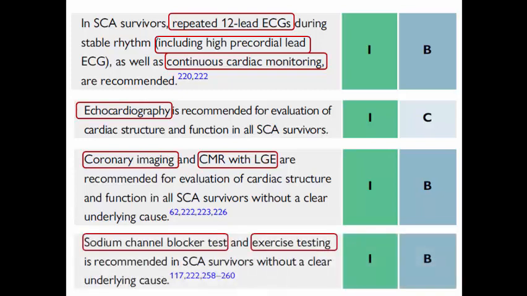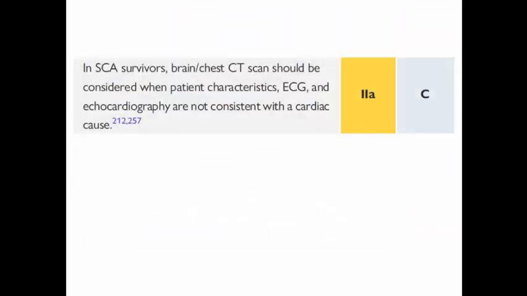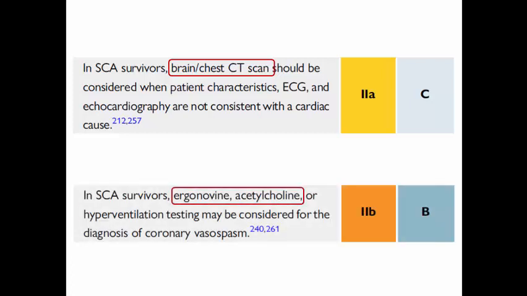The sodium channel blocker test and the exercise test are recommended if there is no clear underlying cause, especially if you are suspecting Brugada syndrome or long QT syndrome. CT chest and CT brain are needed if there is a suspicion of a non-cardiac cause. If all the investigations are not consistent with a cardiac cause, an ergonovine or acetylcholine challenge test or sometimes hyperventilation testing may be considered to diagnose coronary vasospasm if it is the only explanation.